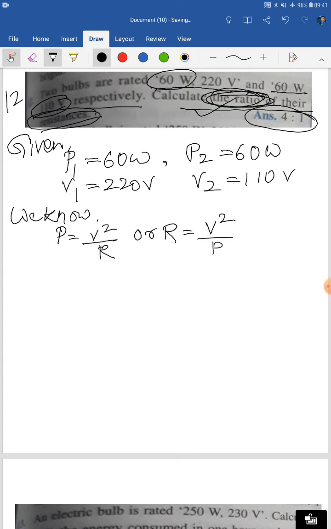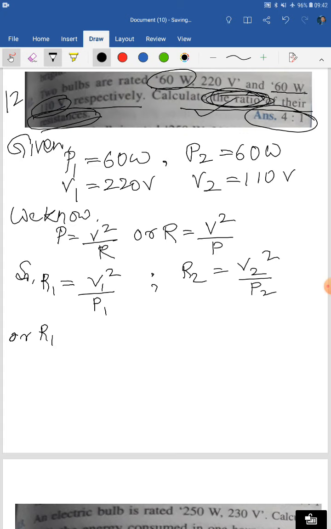With this concept, I can find the resistance of the first bulb. So R1 equals V1 square by P1. Are you getting my point? And R2 is V2 square by P2. It's very simple, isn't it?